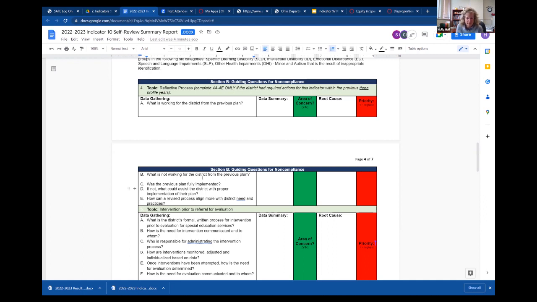And so really thinking about the category too, sometimes with our students who are identified speech language impaired, do we have folks from our early intervention teams? Just some of those different aspects that we talked about earlier, and the importance of having a gen ed person represented on your team too, so that they understand the aspects of evaluation planning.